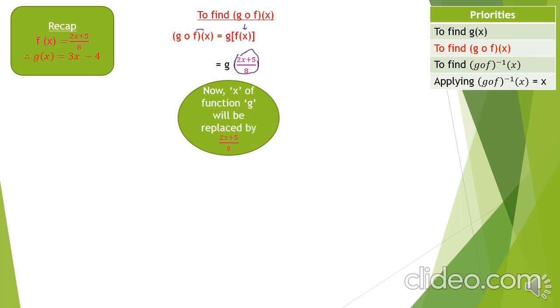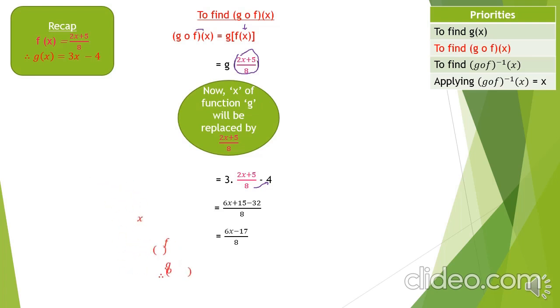So let's move forward. (2x + 5)/8 minus 4. Now on taking LCM, 6x + 5 minus 32, over 8. Now you can see (6x - 17)/8. Now we have found (g∘f)(x).